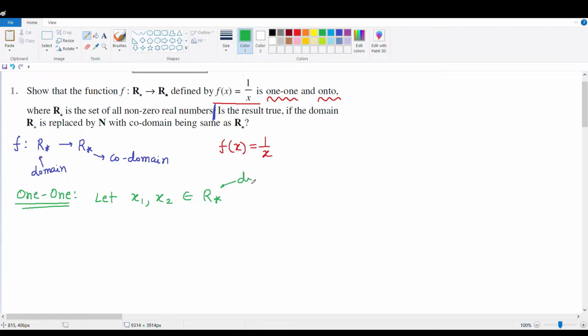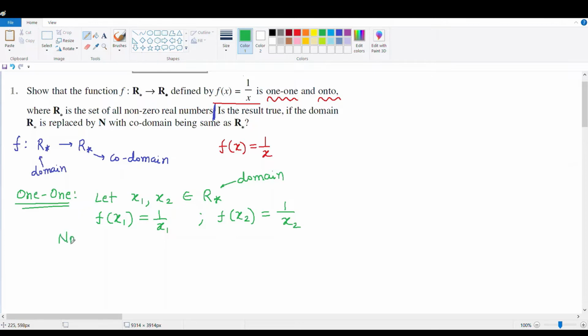Here I am talking about the domain, because to prove 1-1 we pick two elements from the domain and then we find the function value for both elements. So f of x1, now f of x is 1 over x, so f of x1 is going to be 1 over x1, and then we do the same with f of x2, it's going to be 1 over x2.